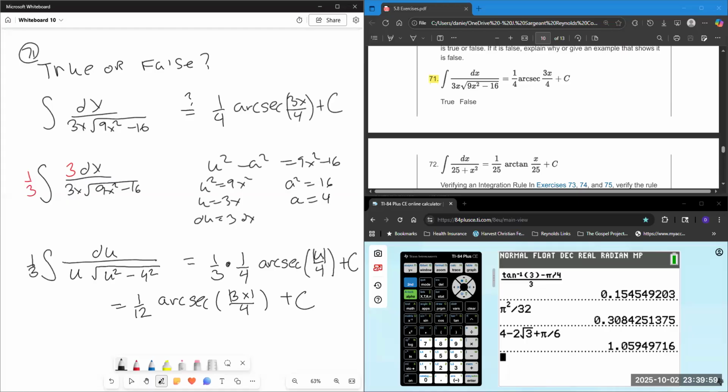So it's not quite right, because the things that are missing are that I should have had a times 1/3 out here because of needing to get a 3 dx in the top, and I should have had absolute value bars around my 3x because it needs to be forced to be positive there. So the answer is that this statement here is false, and the correct answer is down here.